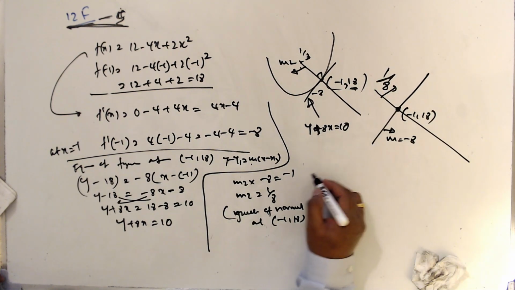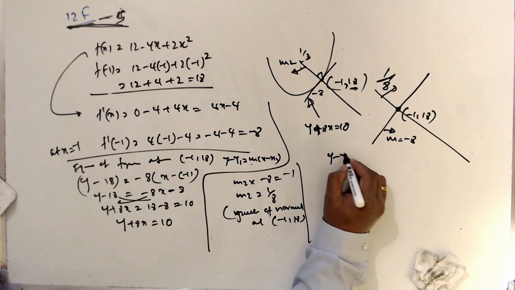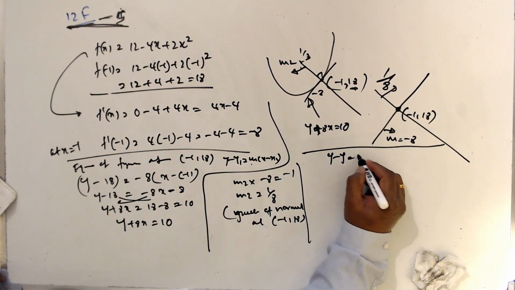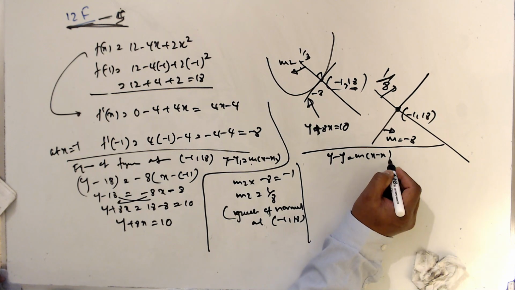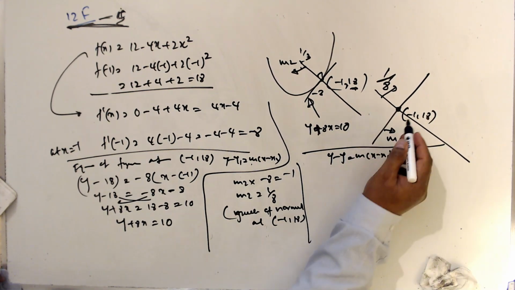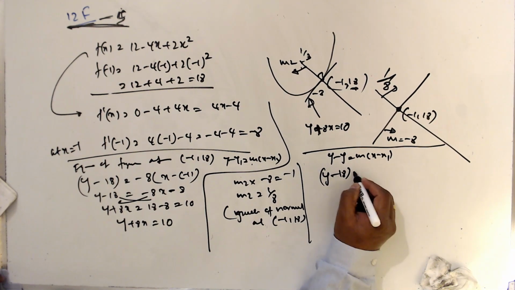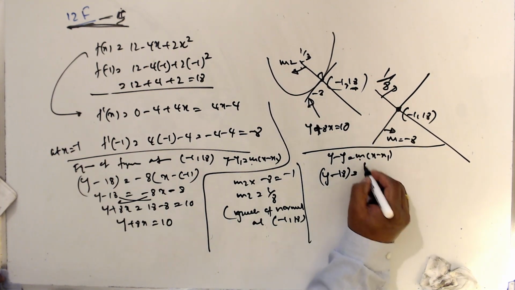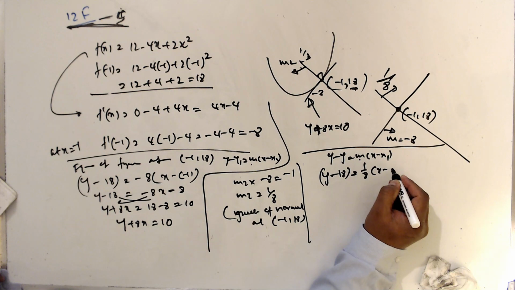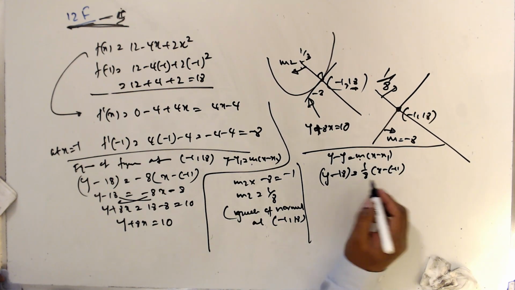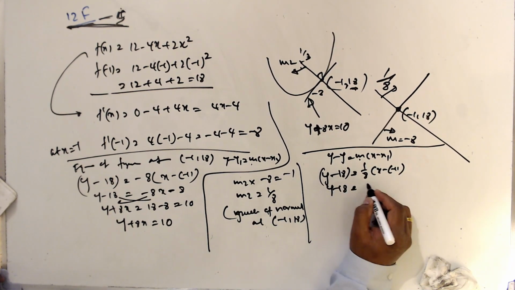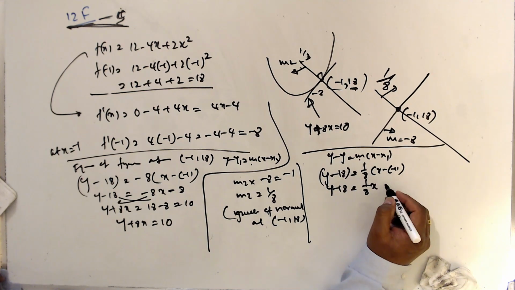Now we'll work y minus y1 equal m times x minus x1. So y is y and this is y minus 18. M is 1 over 8 now. X minus minus 1. So y minus 18 equal 1 over 8 x plus 1 over 8.